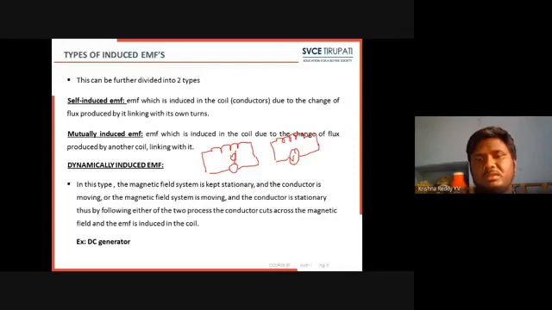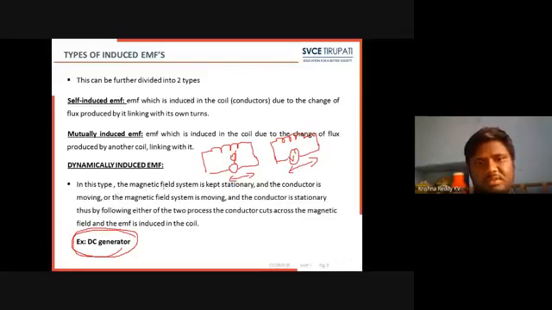When you keep moving this conductor, or move either of these two conductors, we produce the dynamically induced EMF. This type of EMF is induced in the case of DC generators.